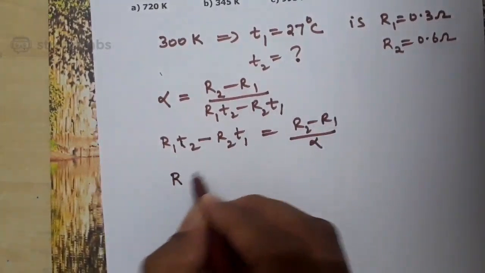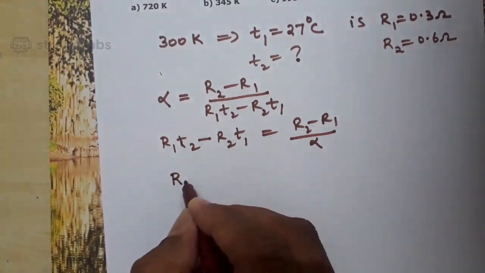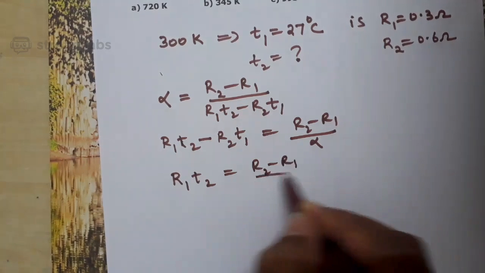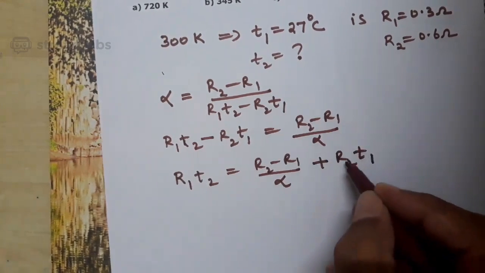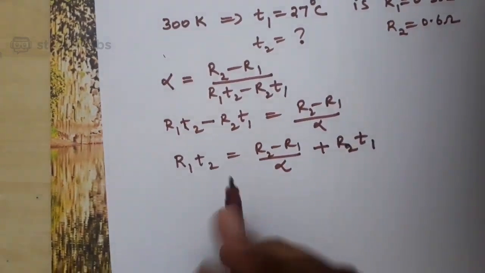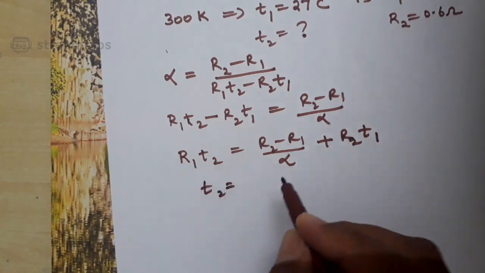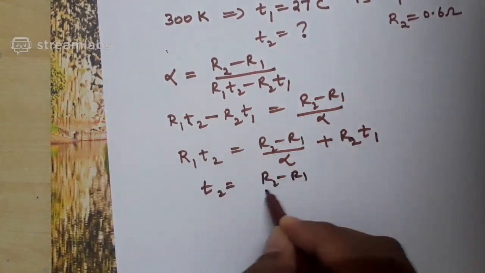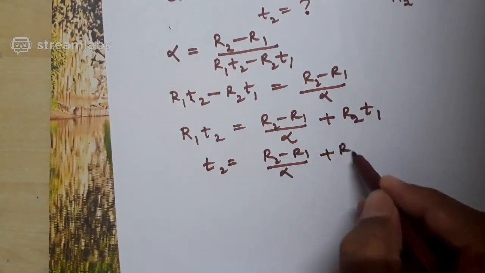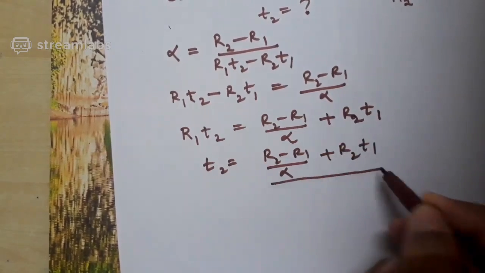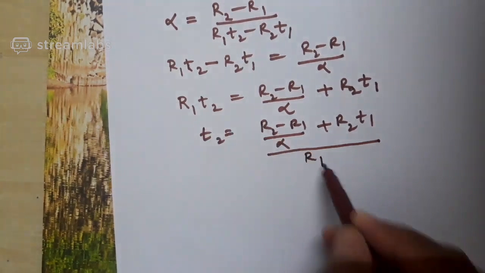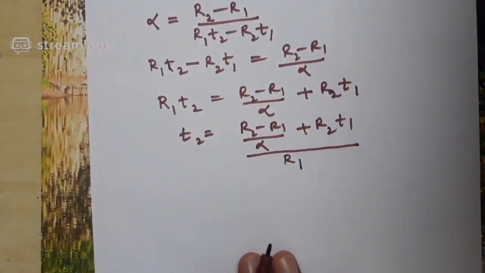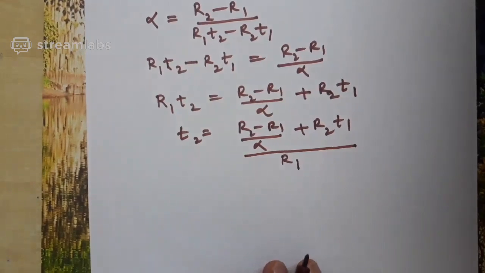Or T2 is equal to R2 minus R1 by alpha plus R2 into T1, the entire thing divided by R1. That's all. Now you do the substitution, you will get the answer.